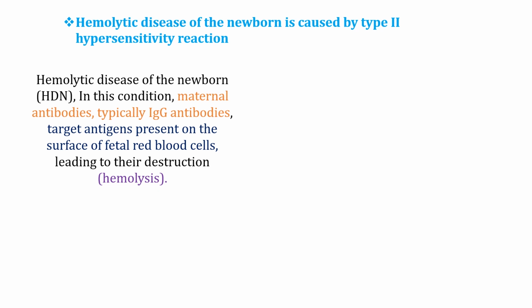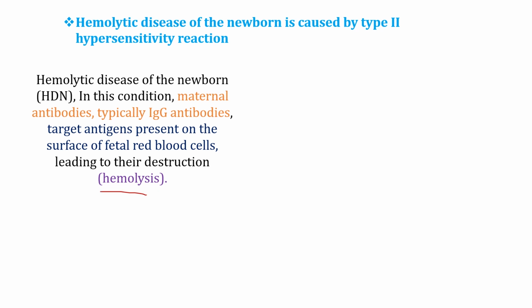One specific type is hemolytic disease of the newborn, HDN. In this condition, maternal antibody, typically IgG, targets antigen present on the surface of fetal red blood cells, leading to their destruction or hemolysis.